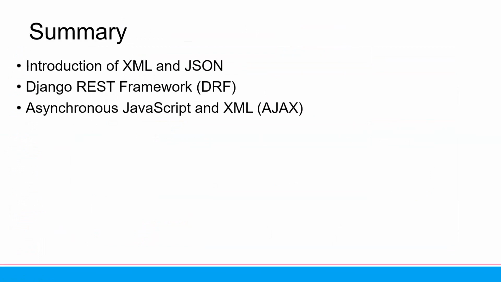We learned about XML and JSON, the two most important data formats in web programming. And we learned how to use the Django REST framework. And also we learned a part of AJAX, asynchronous JavaScript and XML.